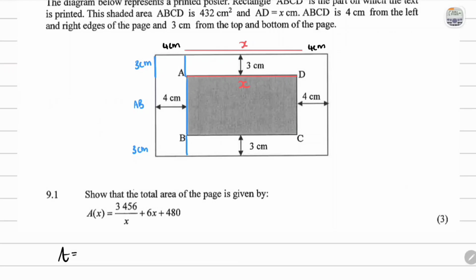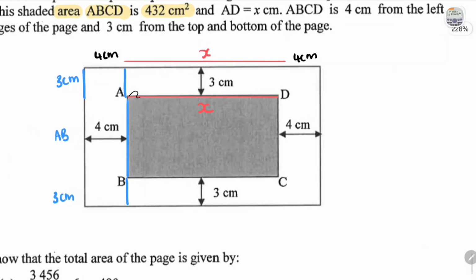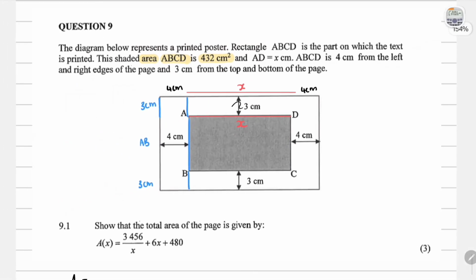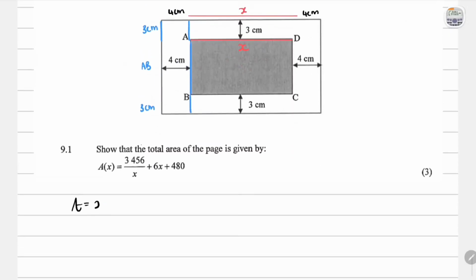And that's where the information that they gave us comes in. They told us that ABCD, the area of the shaded part, is 432 centimeters squared. Do you see that the shaded part has AB and X? So it means that for them to have gotten that area, they must have said X multiplied by AB.